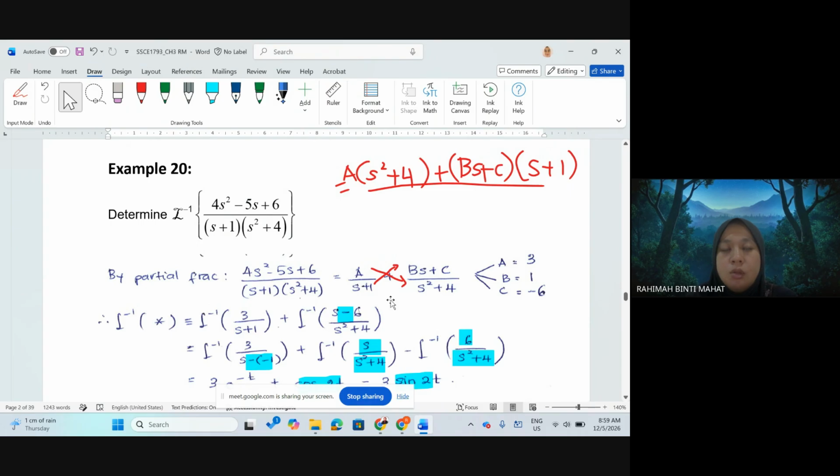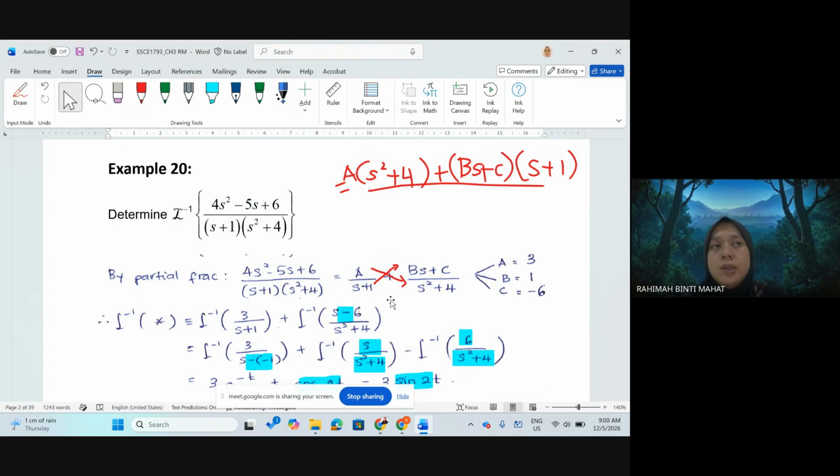So, for the partial fraction, how do you want to solve it? There are three ways. The first one is by using factorization, if you can completely factorize the equation.